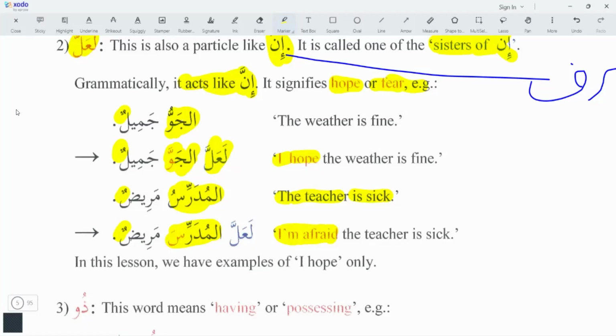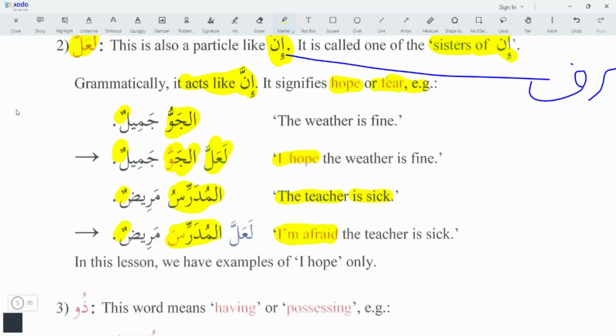La'alla al-jawwu jamilun: you are hoping that the weather is fine. And if la'allal mudarrisa maridun, you don't hope that the teacher is sick. You are afraid that the teacher is sick. You cannot hope that your teacher is sick. So with the sentence, you can know it.